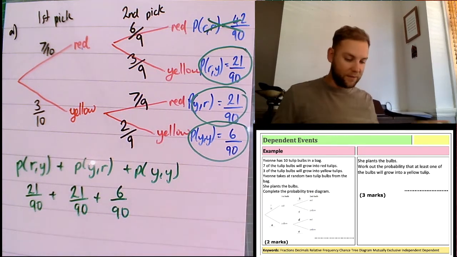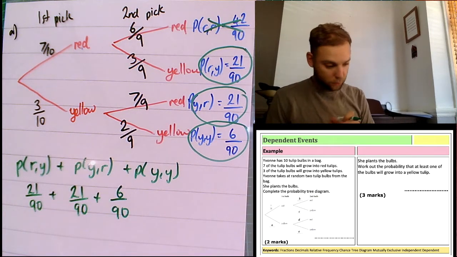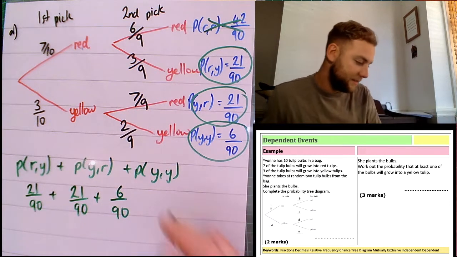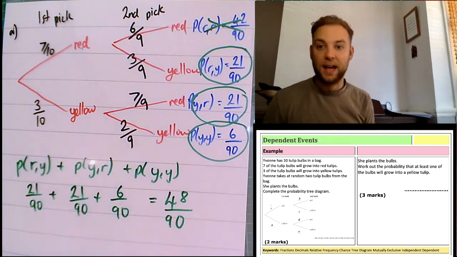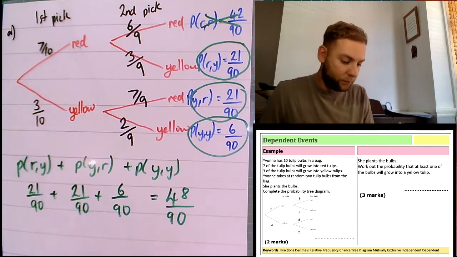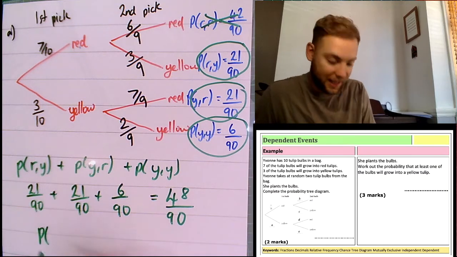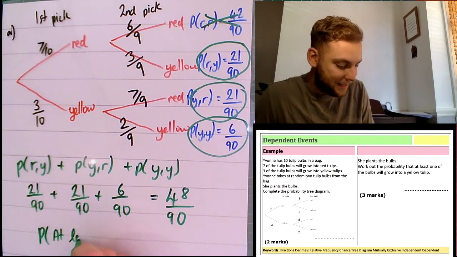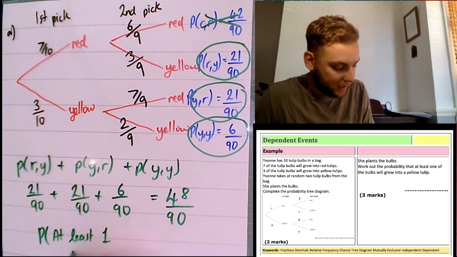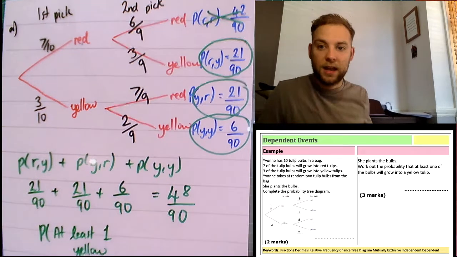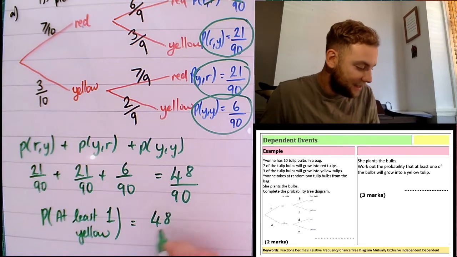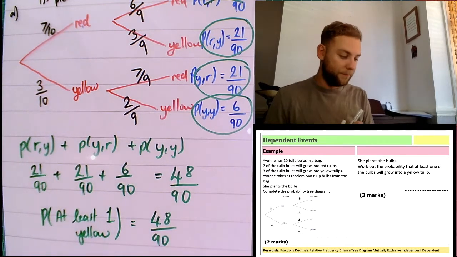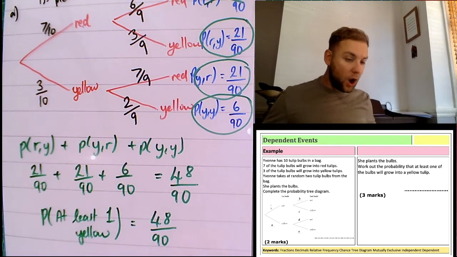We add all those together. 21 plus 21 plus 6 is equal to 48 out of 90. Okay, so with that one there, the probability of getting at least one yellow is equal to 48 out of 90. Brilliant. Super.